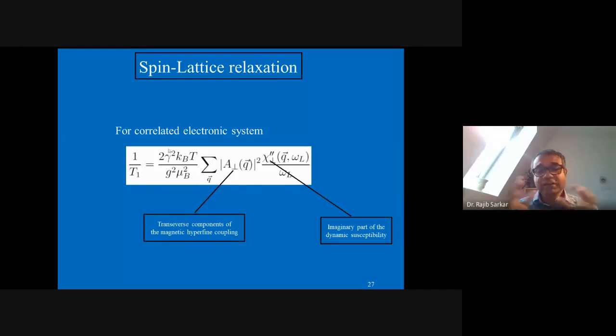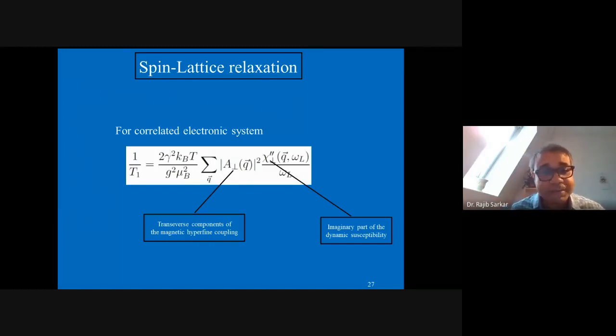In particular, a correlated electron system means a material where all the electrons of your system are strongly coupled, not really independent. One electron's information is coupled to another electron. That's one way of understanding correlated electron systems.